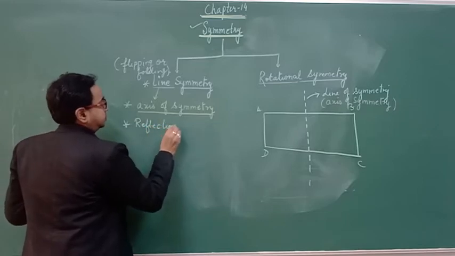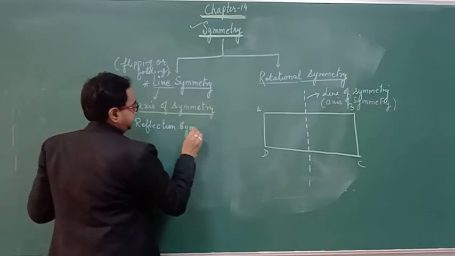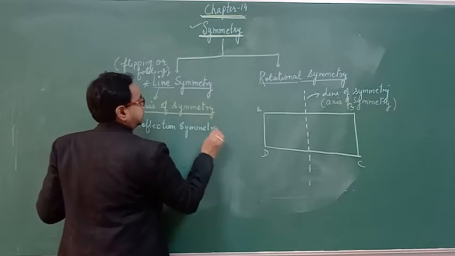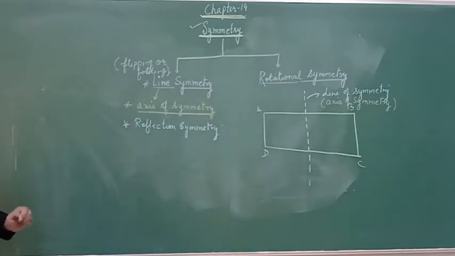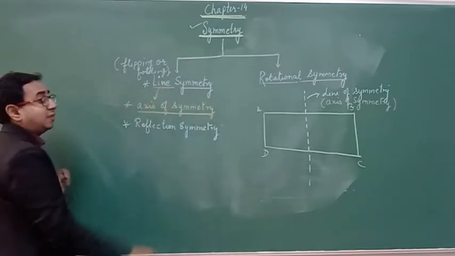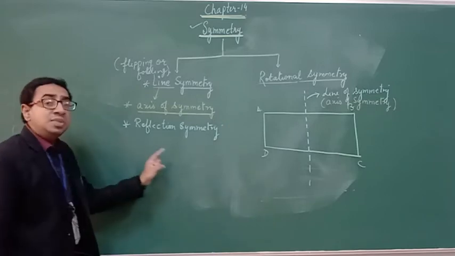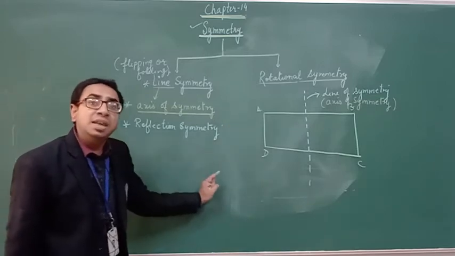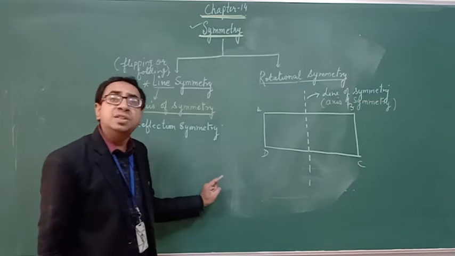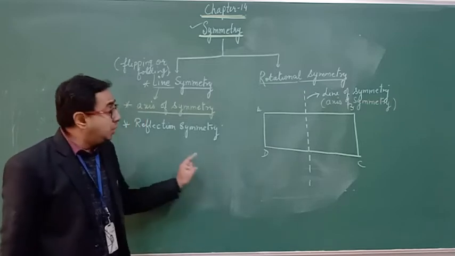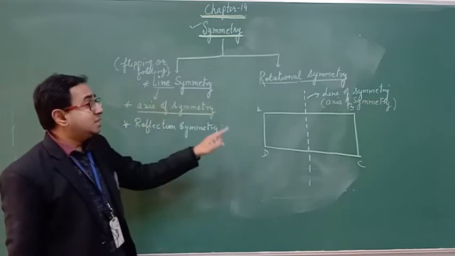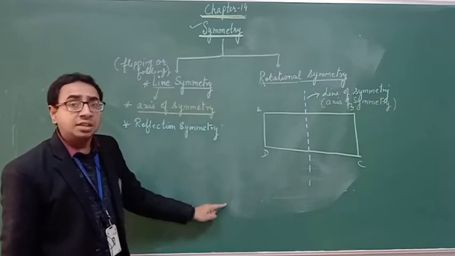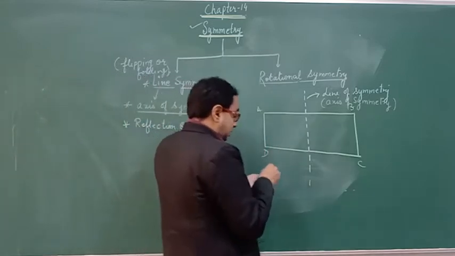reflection symmetry. Understand why? It's also known as reflection symmetry. Reflection means mirror. Mirror means image. We see our reflection, we see our image in the mirror. So it means this line of symmetry for sure acts as a mirror.